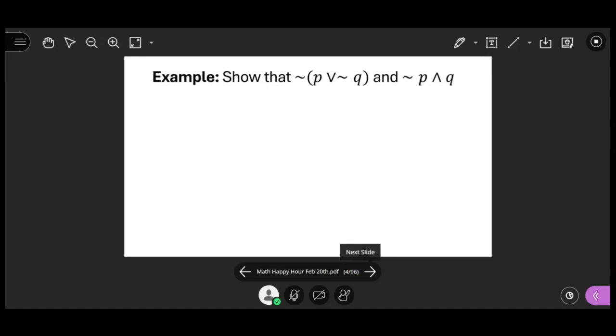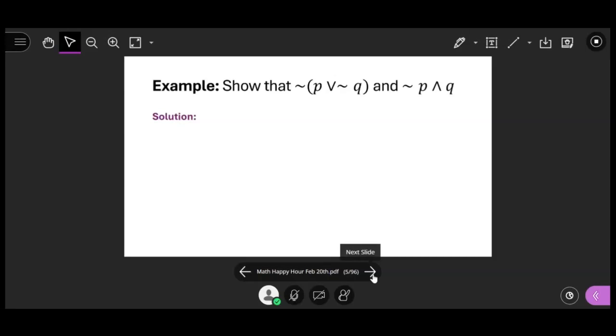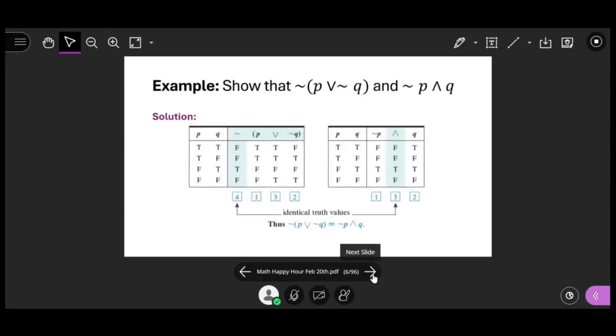So for example, if we have negation parentheses P or Q, and negation P and negation Q, and we want to show if they're equivalent, then what we can do is create a truth table.